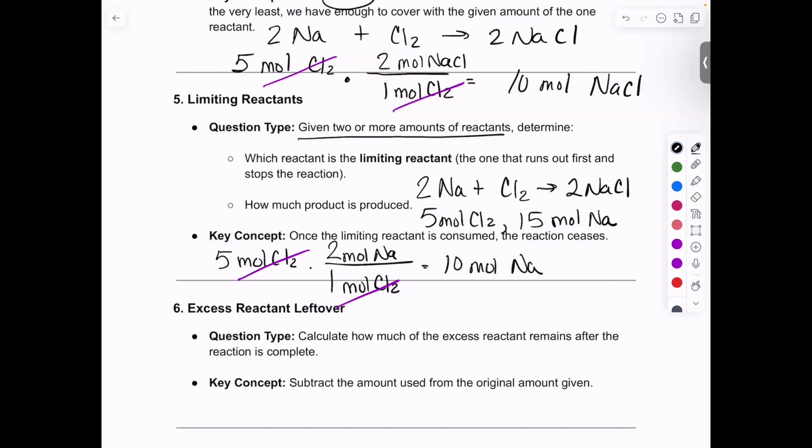Number 6 says to calculate how much of the excess reactant remains after the reaction is complete. Well, we take what we have and subtract what we need, and we have the difference of what's left over. So we take have minus need: 15 minus 10 equals 5. We have 5 moles of Na left over.